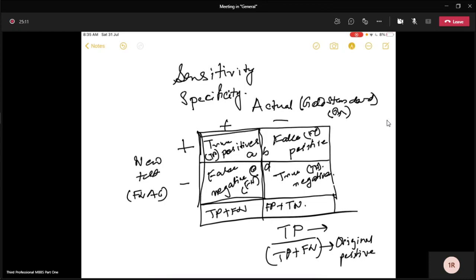You do not go into that box. Among those who are originally positive, that is TP plus FN, which of the subjects the new test has diagnosed to be positive, that is TP. So we call this as sensitivity of a test. Right?